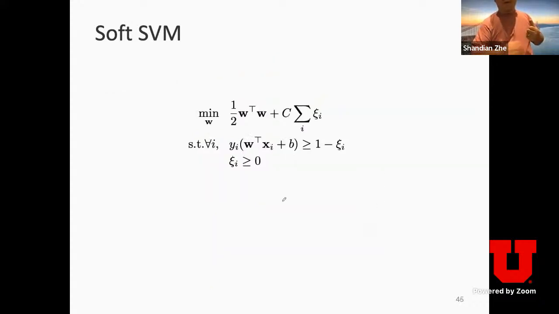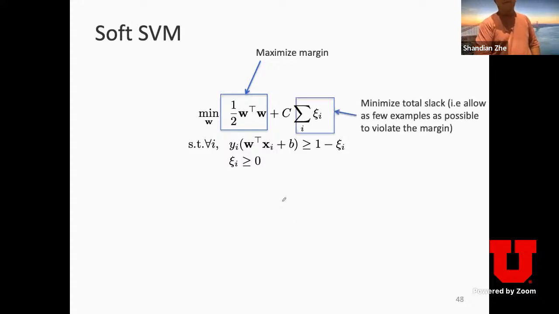So this leads to our final formulation of SVM. The first term represents our goal to maximize margin. The second term, which minimizes total slack variables, is trying to allow as few examples as possible to violate the margin, to intrude the margin. And this hyperparameter C indicates the trade-off between them.